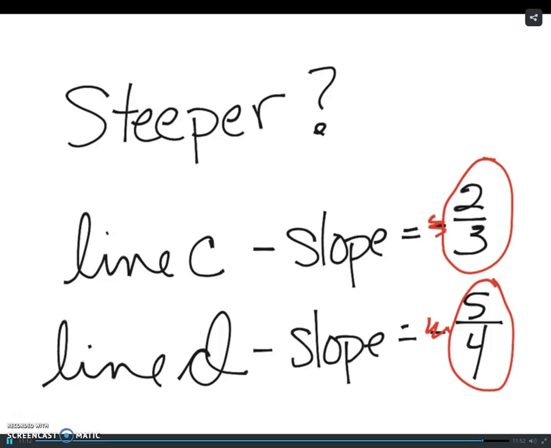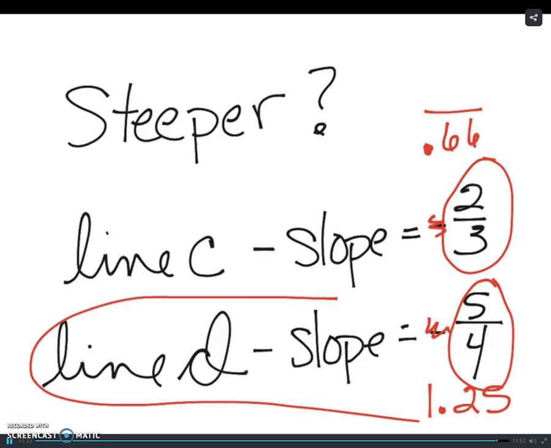You can just ignore it. What we're going to do is type that into your calculator. You're going to find that 2/3 gives you the decimal 0.6 repeating, and 5/4 gives you the decimal 1.25. The line that is steeper is the line with the bigger number. So that means that line D is the steeper line. And again, you have to ignore the negative sign for this. It's like taking the absolute value of that fraction.